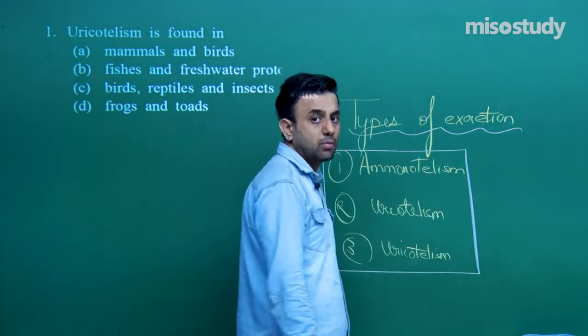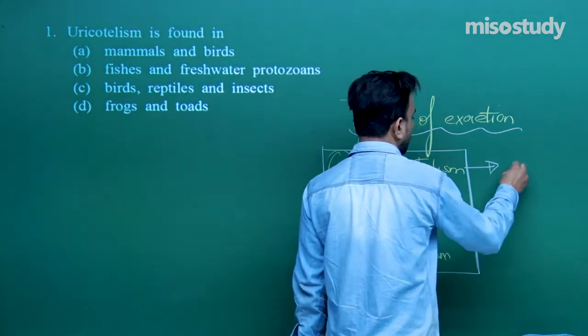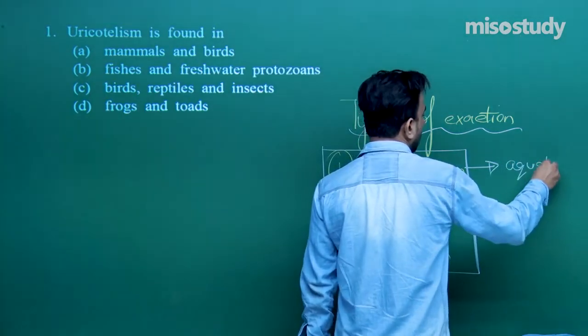When we talk about ammonotelism, we'll see that it is mostly seen in aquatic animals.